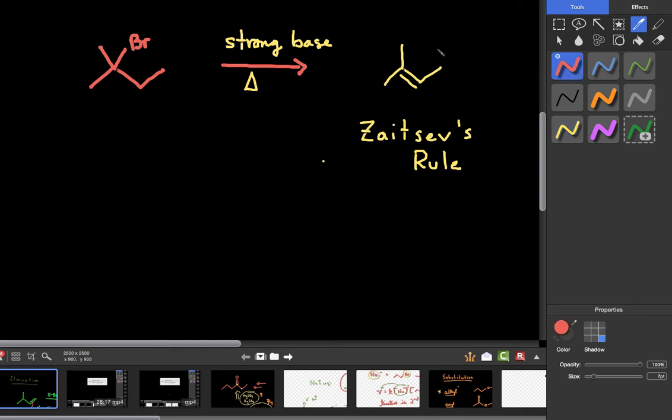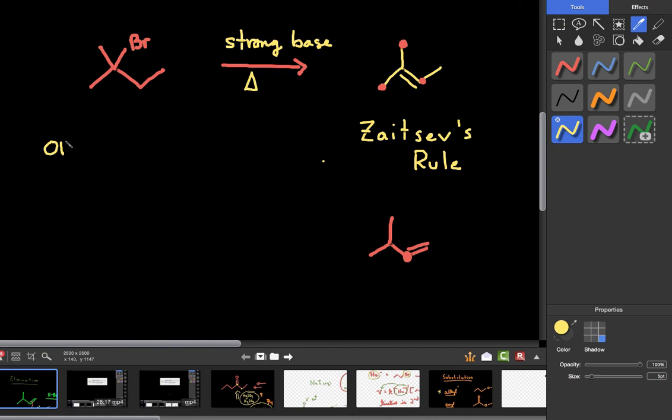Notice in this case we're talking about 3 of the 4, which would certainly be more stable than if we considered this molecule, for instance, which only has 1 alkyl group bonded. So we'll get an alkene as our product. We need a strong base. Let's talk a little bit more specifically about what strong base is.